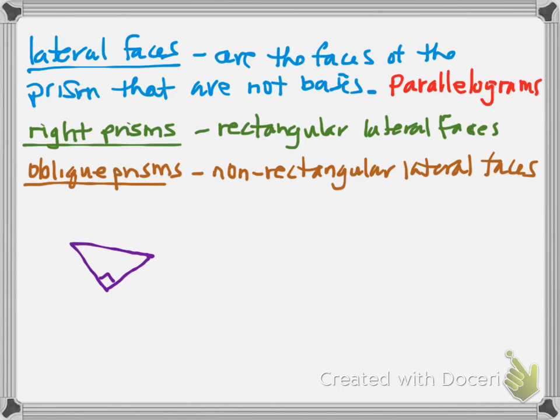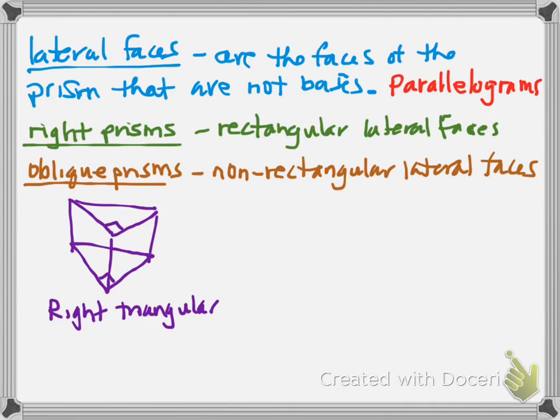So if I draw a partner exactly the same above him, and I connect the sides up, what I have now is a right triangular prism. So triangular, I added the lar sound that makes it an adjective instead of triangle, which would be just a noun.